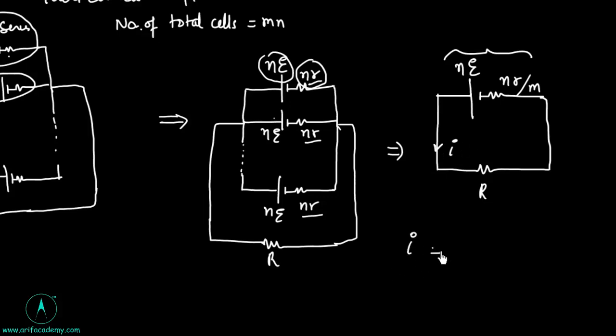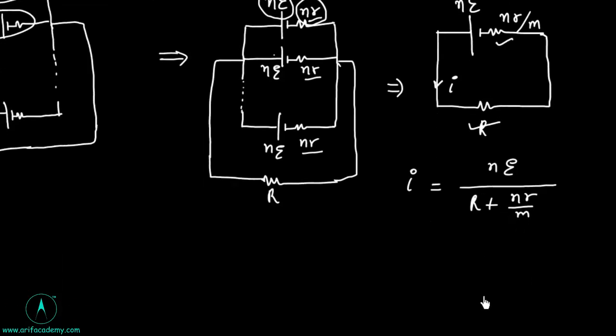The current will be net EMF nE upon total resistance. The external resistor and this internal resistor are in series, so R plus nR/m.